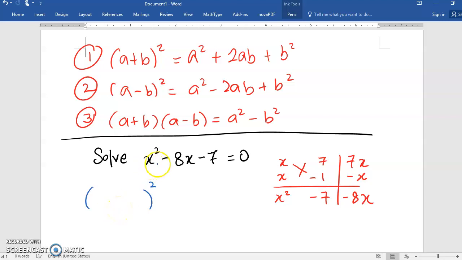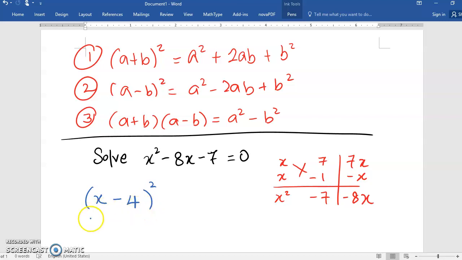Now I want my x square, I want my negative 8x. So the term that goes into the bracket first will be x, because x square will give me this x square, right? How about the second term, negative 8x? Now the negative 8x, in order to get it when I expand this bracket, I need to have a minus 4. Why is that so?